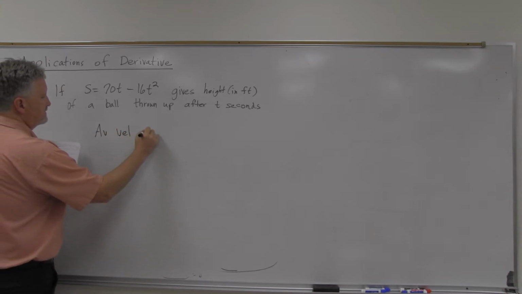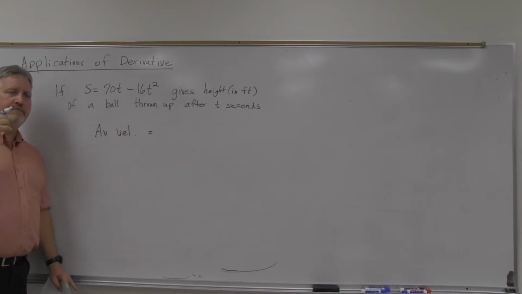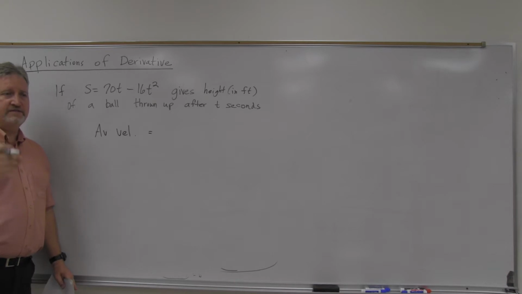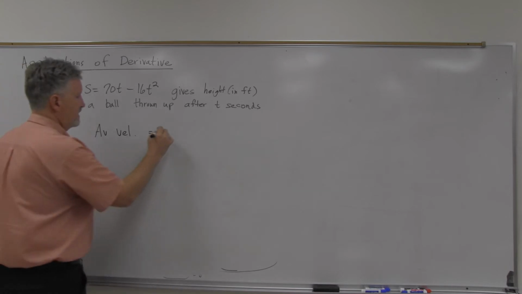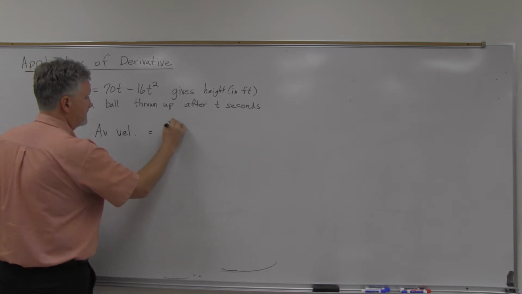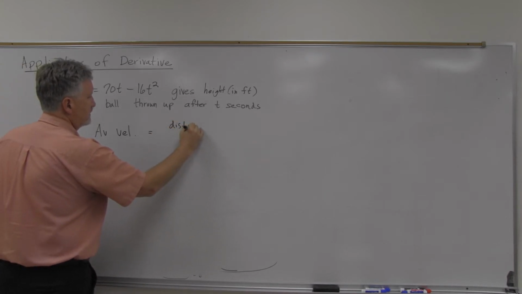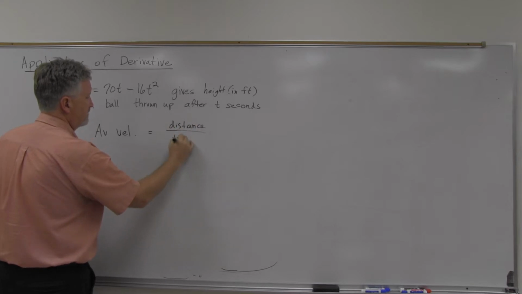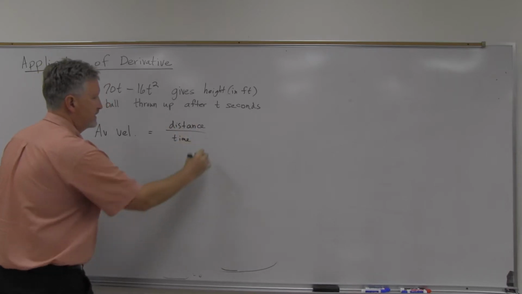The average velocity, we use that formula, distance equals rate times time, so velocity, rate, same thing. And so velocity being the rate, rate is distance divided by time, so the average velocity would be the distance traveled divided by the amount of time traveled.